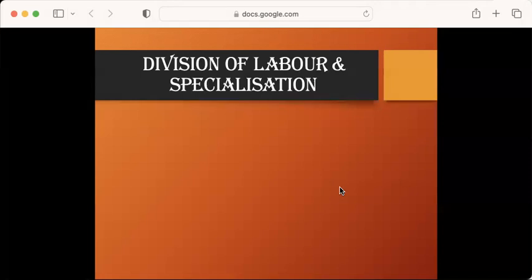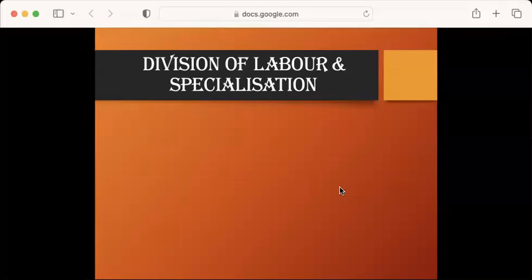For example, the tailor may get 2 of the workers to do only cutting, 3 or 4 of them sewing the shirts, another 2 ironing, another 2 buttoning, and another 2 packing. So he divides the workers and gives each worker a smaller task to do. And this is what we mean by division of labor or specialization.